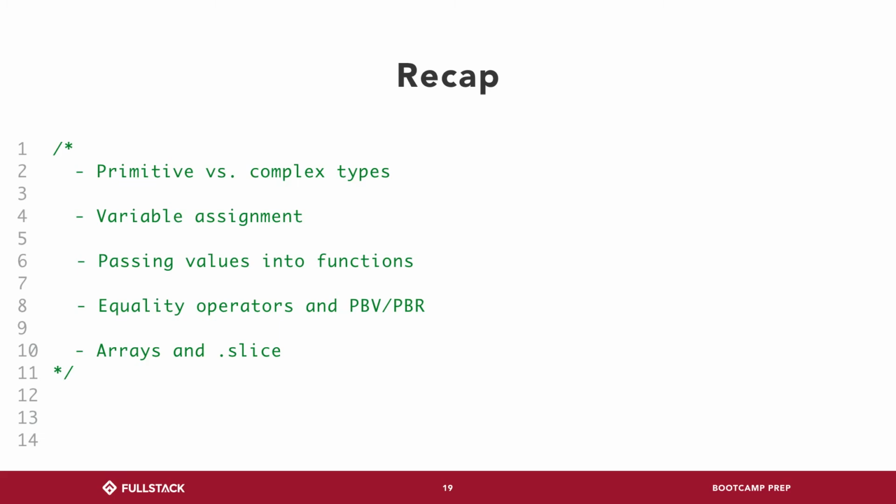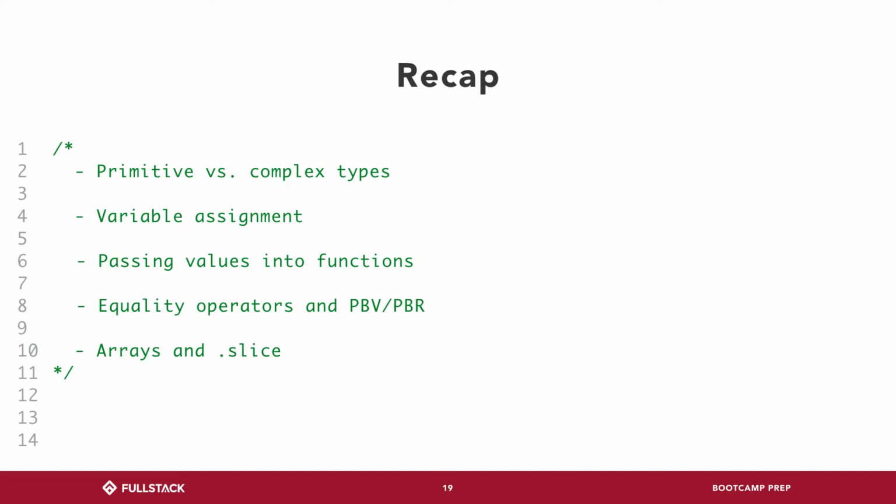So to recap, we covered primitive types versus complex types, what you can do in terms of modifying them directly. We covered variable assignment, what it means to use the equals sign to define a variable that's previously been declared by var, let, or const.